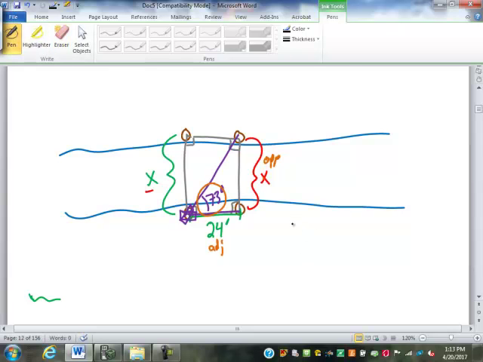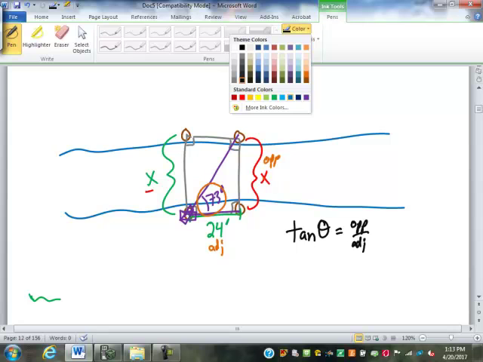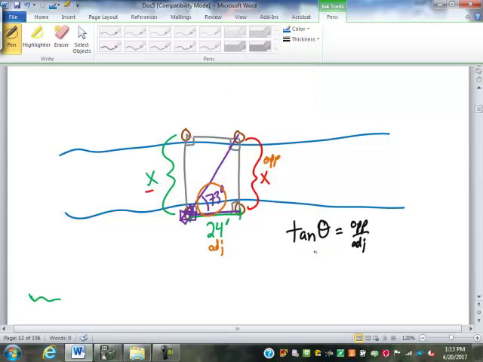What is our definition of tangent? Tangent of theta equals opposite over adjacent. It always helps me to write out that formula. It keeps me from making some really silly screw-ups. Now, obviously the tangent is still going to be used.